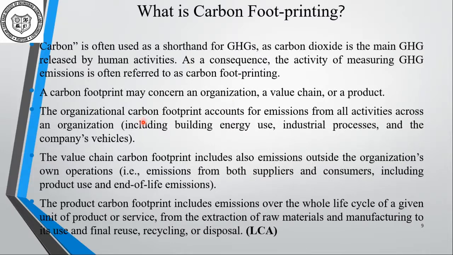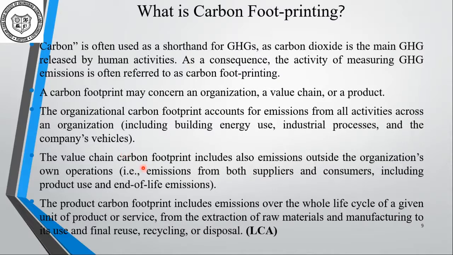The organizational carbon footprint accounts for emissions from all activities across an organization, including building energy, industrial processes, and the company's vehicles. So when we are measuring the carbon footprint for an organization, we may be including the building energy usage, the industrial processes within the organization, and finally the overall transportation or distribution network that is owned by the organization.